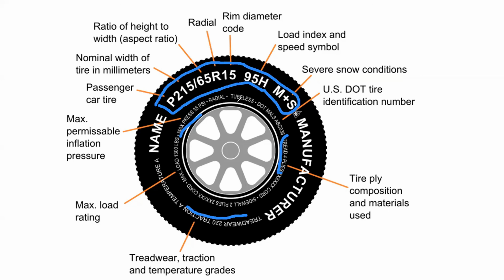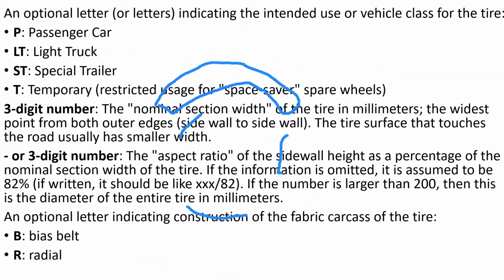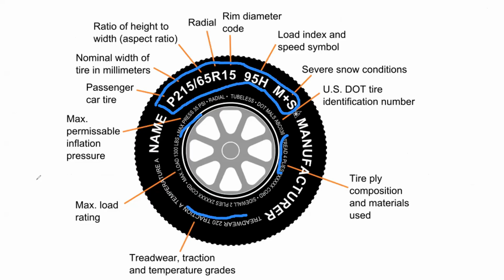Rim diameter, that's in inches, right? It's not mentioned here. So this 15 means the diameter of the wheel. So this is the rim diameter, right? But this R does not mean rim, right? R means radius.